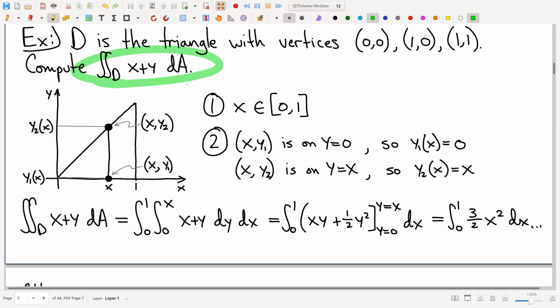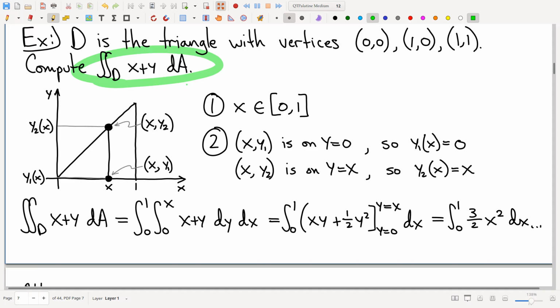This could represent any number of things. Maybe I'm computing the amount of mass in this triangle, and maybe x plus y represents mass per unit area. Or maybe we're computing a volume, or maybe we're computing the amount of work it takes to blah, blah, blah. Not what we're interested in right here. I'm going to assume we have a double integral for whatever reason, and the question is how to write that as an iterated integral.